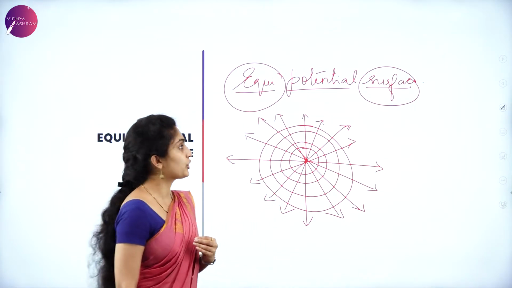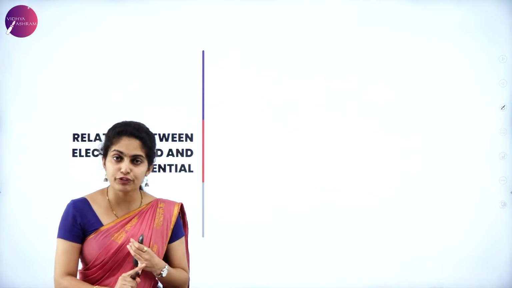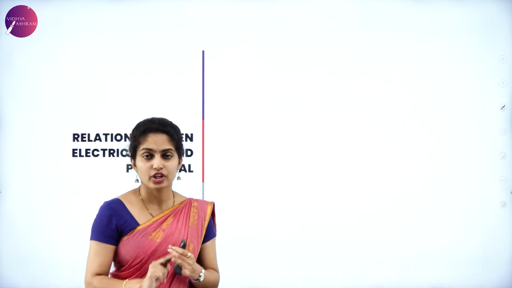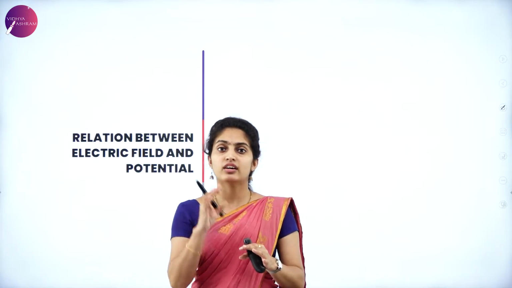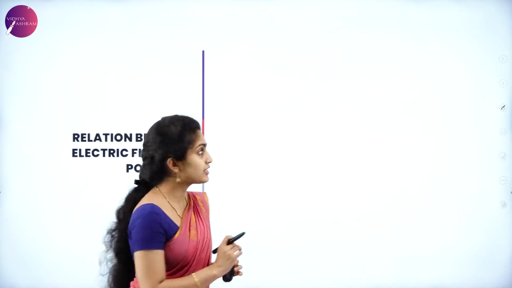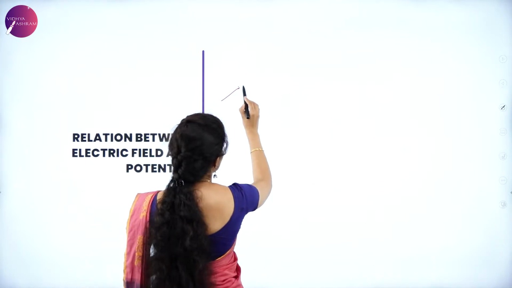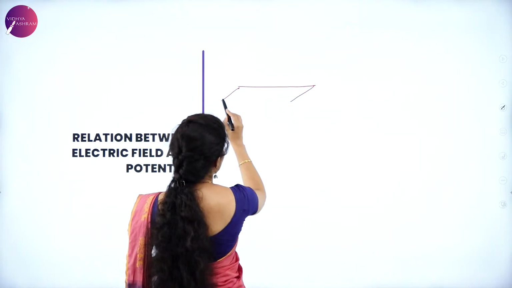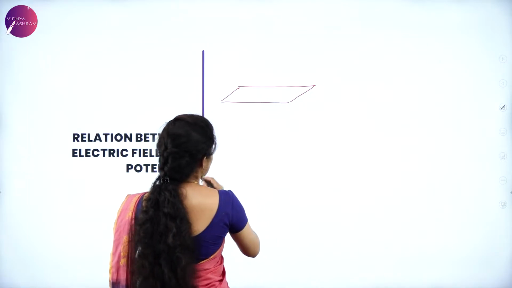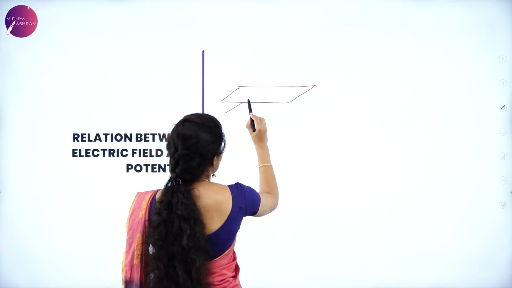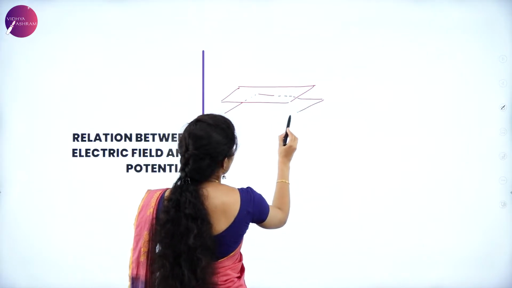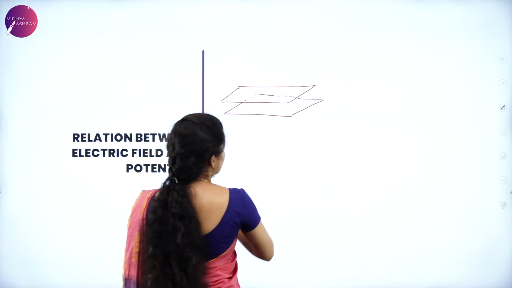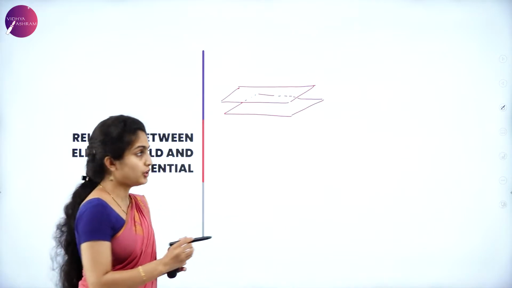So next, going on to its relationship between electric field and the potential. In order to get its relation, we are considering a diagram, and that diagram is, consider a thin plate like a structure. There are two plates like a structure, okay.